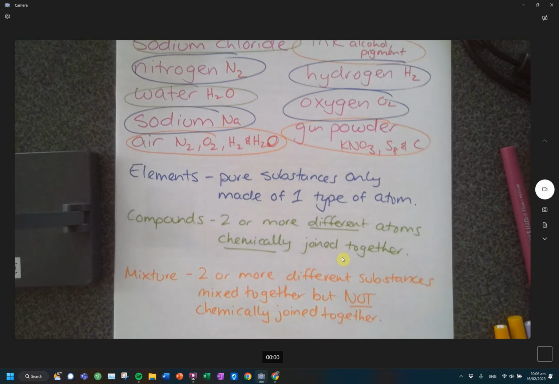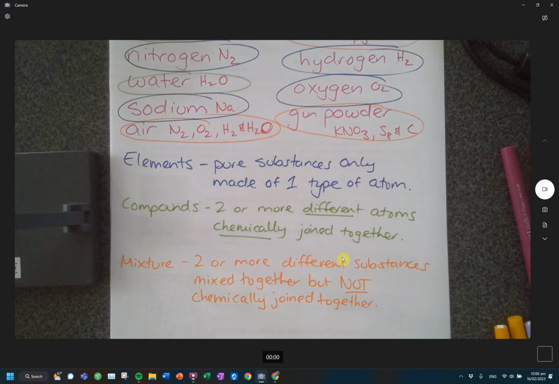Now, when I use the word substance, the reason I'm using a very general term is because that substance could be elements, it could be compounds, it could be a mixture of both.